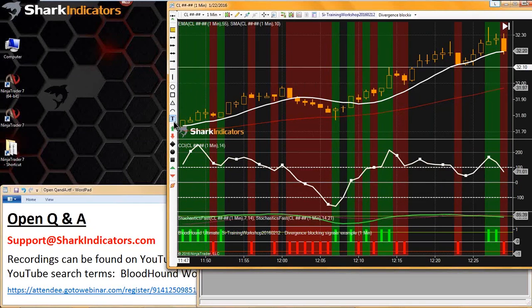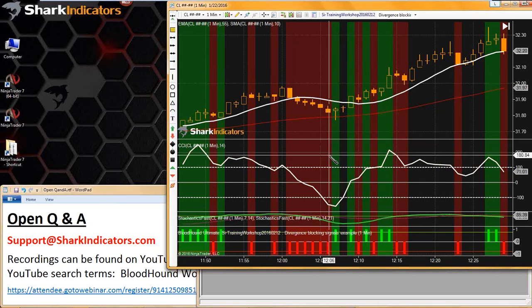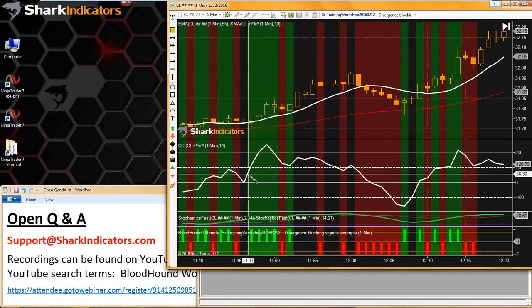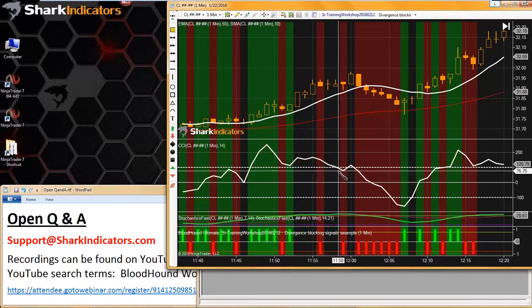The CCI condition that James wants to look for is, we get the CCI crossing up above 100, and we want to identify when the CCI crosses down below 100.